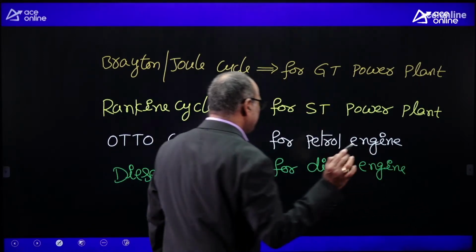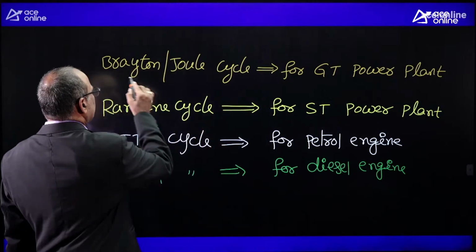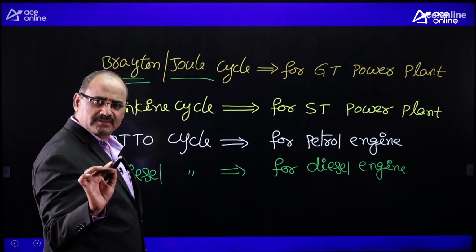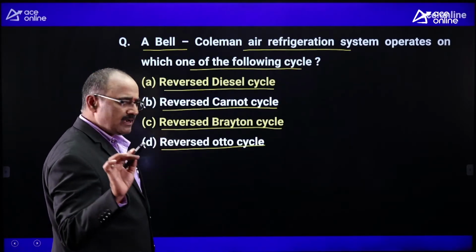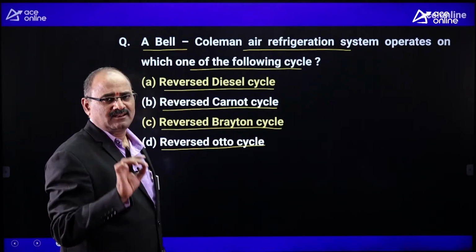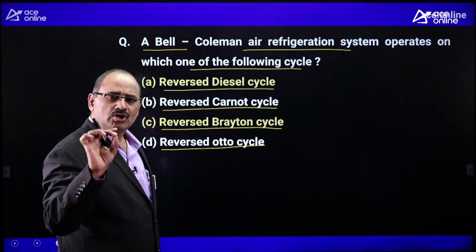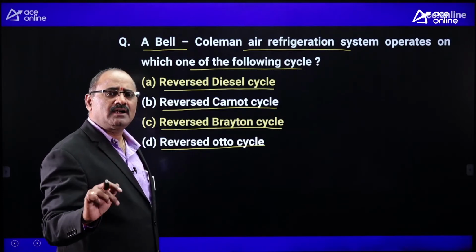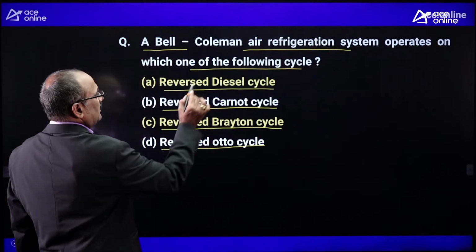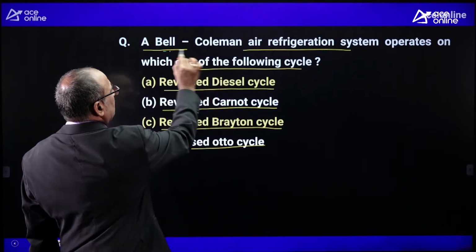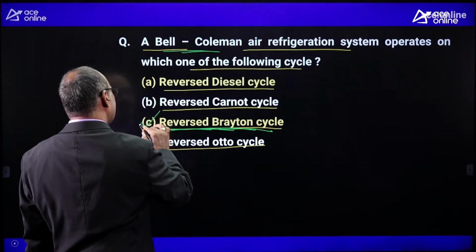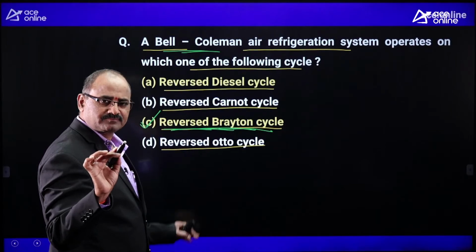Anyhow, dear friends, remember, the reversed Brayton cycle is the Coleman cycle. Reversed Brayton cycle is the gas refrigeration cycle. It consists of two isentropic processes and two isobaric processes. Look at the options. The Bell-Coleman air refrigeration system is the reversed Brayton cycle or reversed Joule cycle.